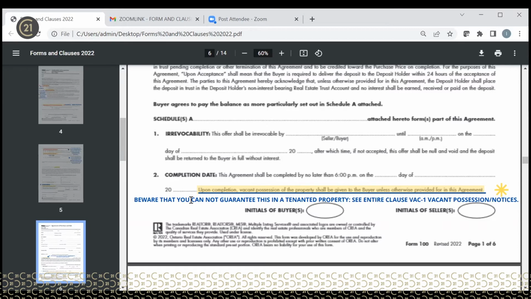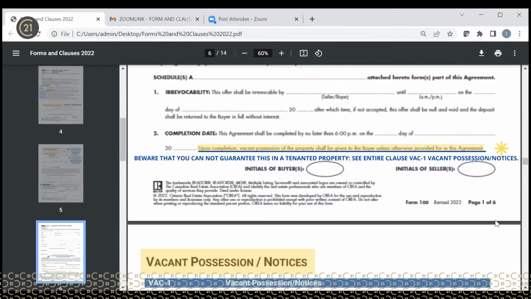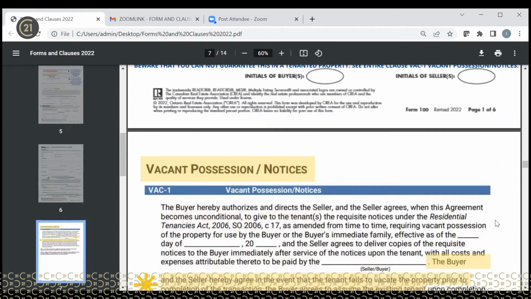You can supply your tenant with the N12 if the new buyer wishes to use it for his own purposes. They can sign off on it, but there is no guarantee that the tenant will move out. This has caused problems upon completion. So please be aware and use the proper clauses.